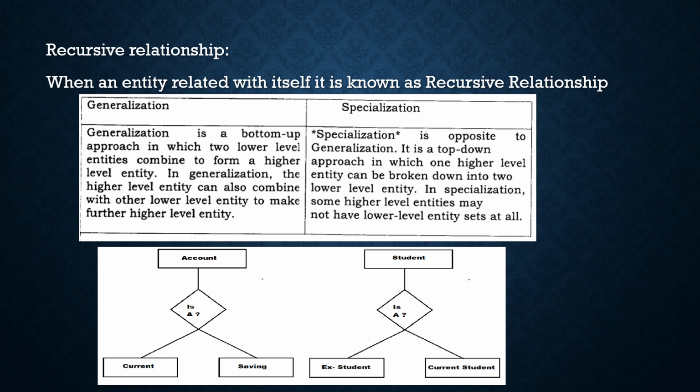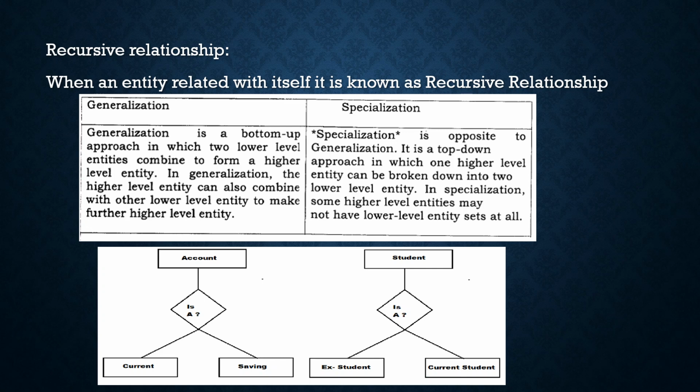So what do you mean by specialization? Actually, specialization is opposite to generalization. Whereas in generalization you collect small pieces to form a higher level entity, here we have a higher level entity, and that entity can be broken down into two lower level entities. In specialization, some higher level entities may not have lower level entity sets at all.